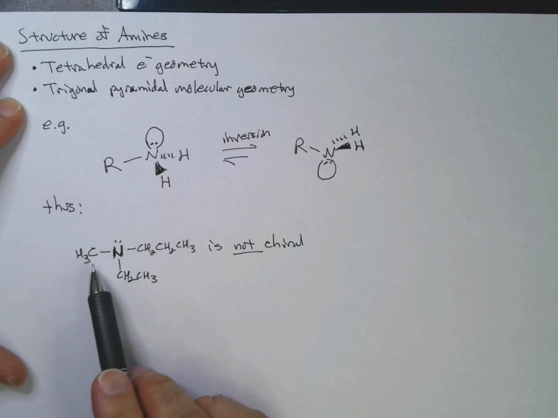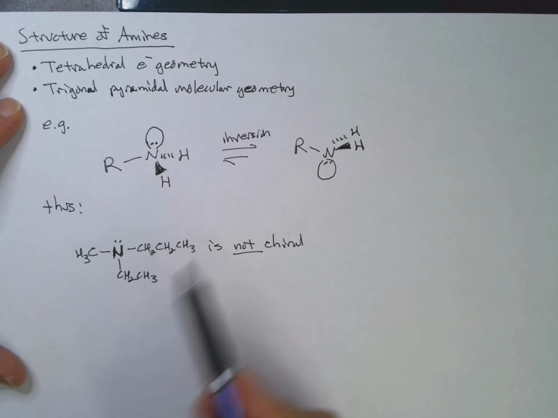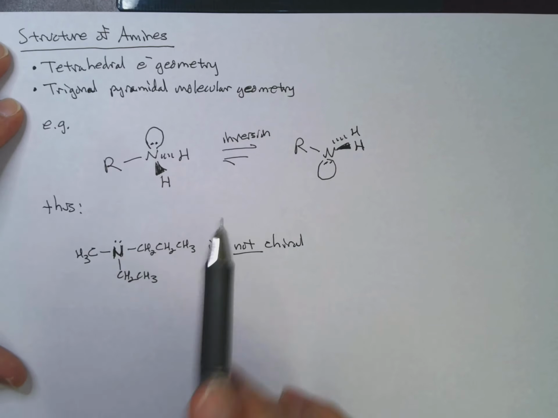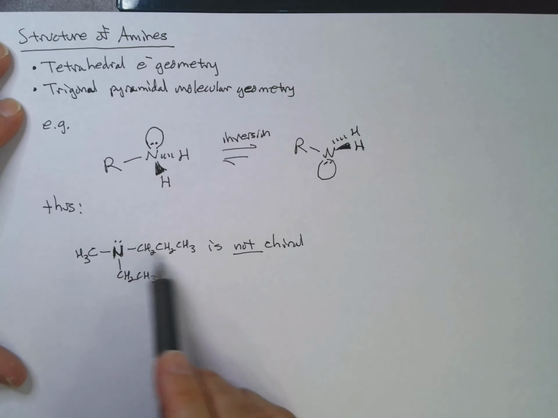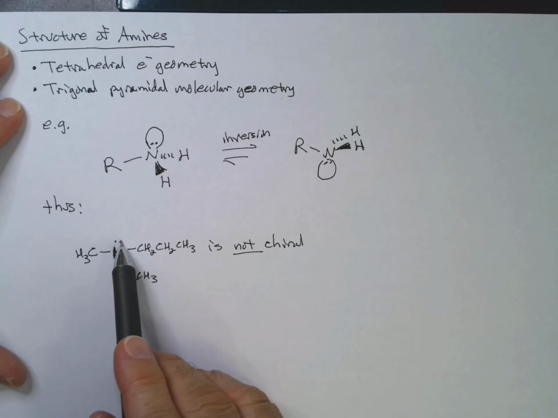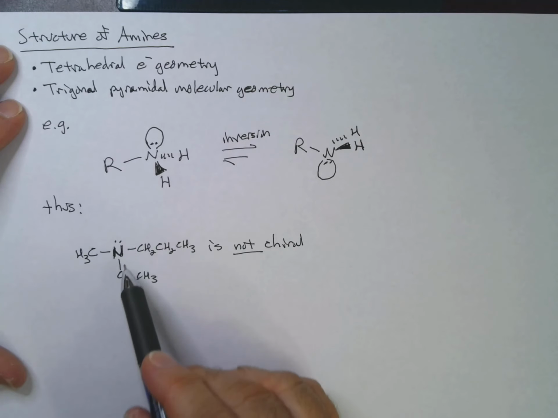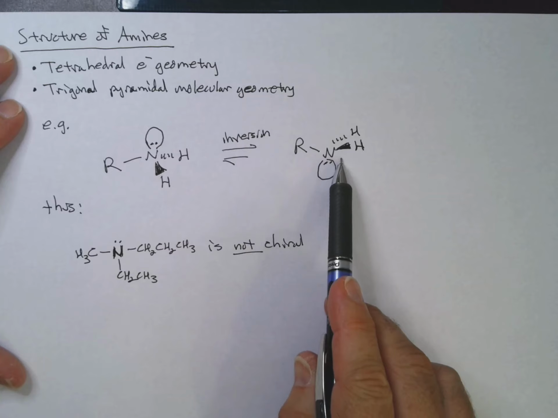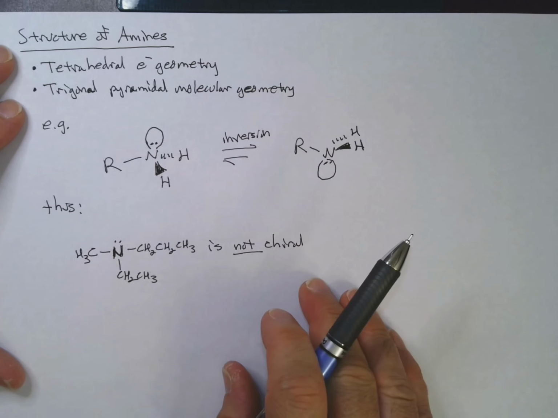If I had methyl ethyl propylamine, that would not be chiral. Even though looking at the nitrogen here, I know this nitrogen is tetrahedral, and it has technically 4 different things on it. It's got a methyl group, an ethyl group, a propyl group, and a lone pair. But the thing is, it rapidly interconverts, it rapidly inverts from one to the other. So it ends up being not chiral.